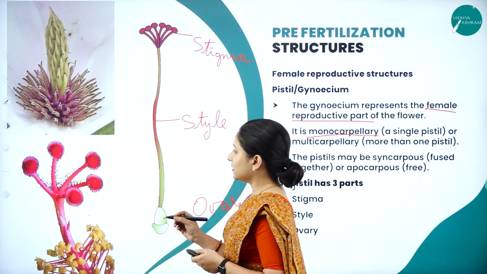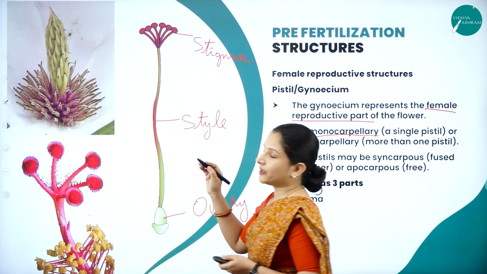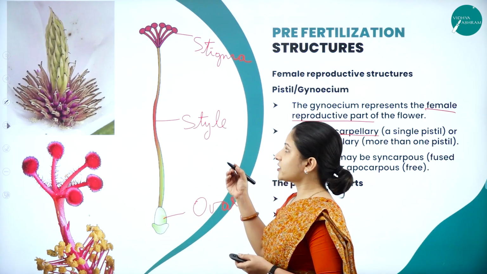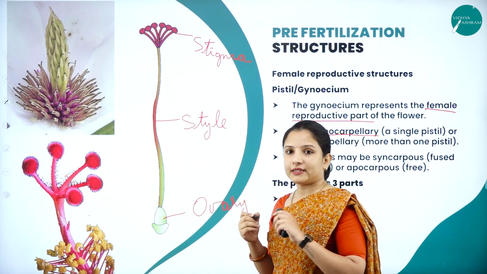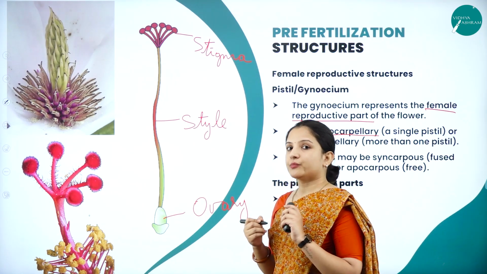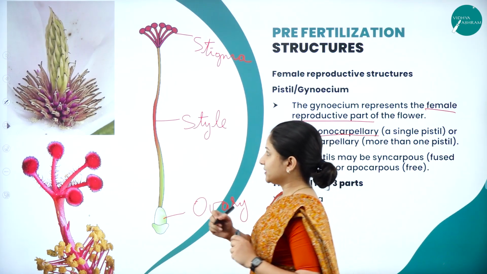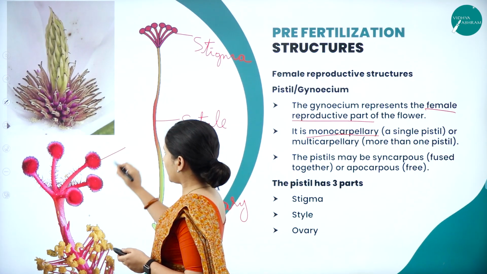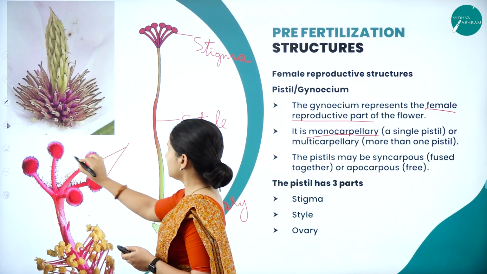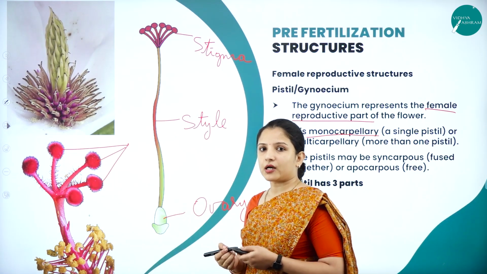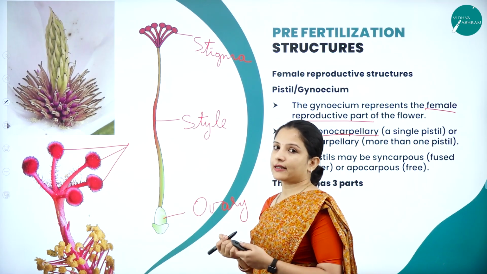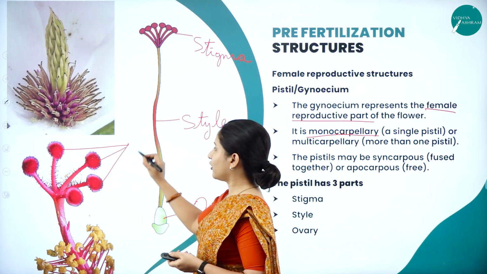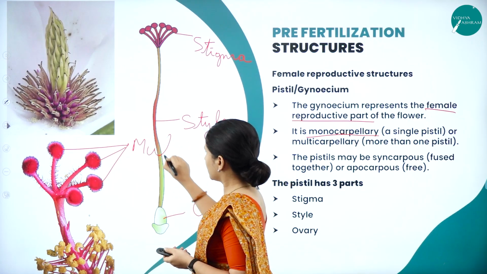You can see here, this is multicarpellary. In the image, I have put photographs of multicarpellary gynecium or multicarpellary pistil. You can see here, there are numerous amounts of the female reproductive part being present, that is the gynecium. So that is why it is called as multicarpellary.